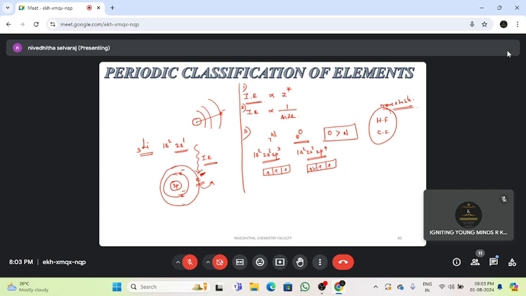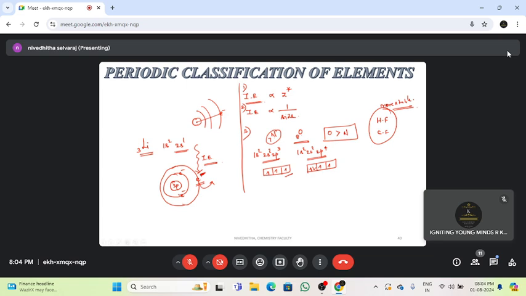So if you compare the stability of nitrogen and oxygen, nitrogen is more stable than oxygen. We cannot easily remove an electron from the most stable configuration. So though the effective nuclear charge of oxygen is greater than nitrogen, still we have to supply more energy on nitrogen to remove this electron because it is in the stable configuration, right?